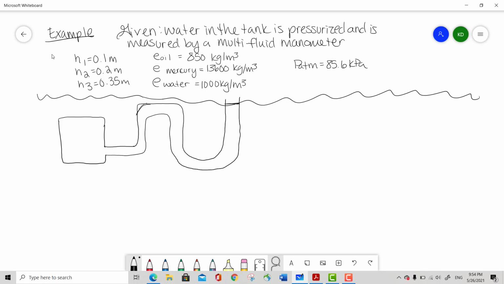We'll just make that this. Okay. So we've got right here, we know that our manometer is open to atmospheric pressure. Now we've got water. And then we've got 0.1. This is air.